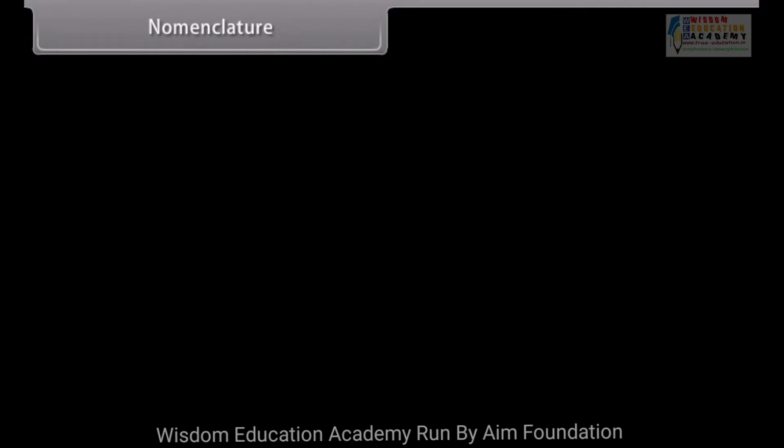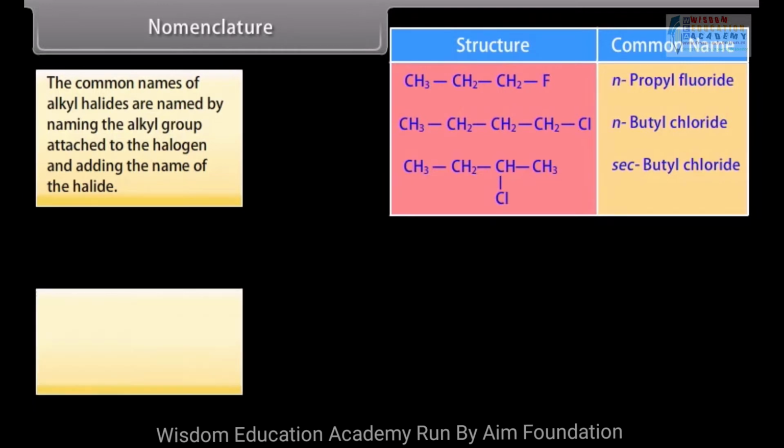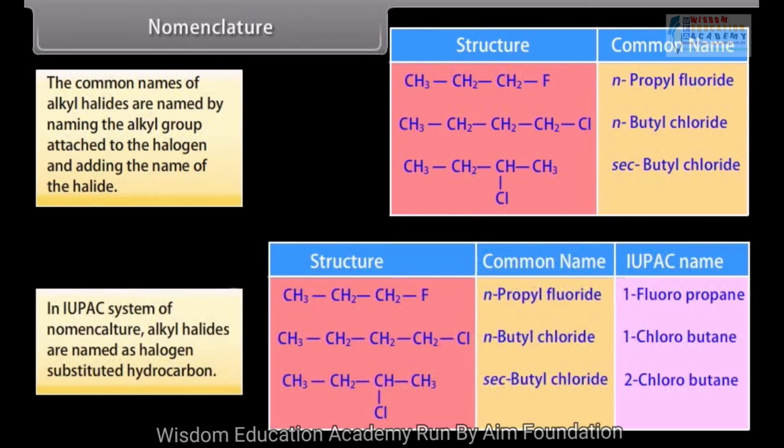Nomenclature. The common names of alkyl halides are named by naming the alkyl group attached to the halogen and adding the name of the halide. In our IUPAC system of nomenclature, alkyl halides are named as halogen-substituted hydrocarbon.